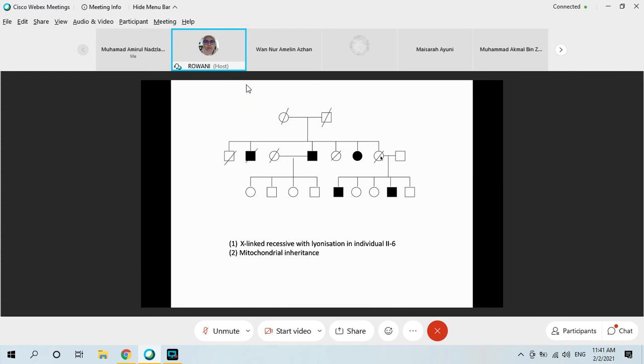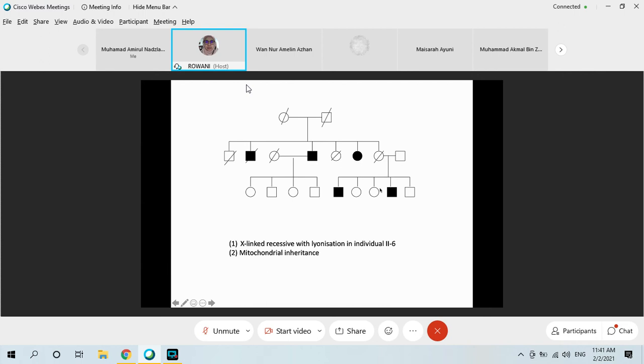But if in your cell, say 70% of your mitochondria are diseased and only 30% normal, then you will manifest the disease. So in this particular case, the mother might have diseased mitochondria but not reaching the percentage enough to result in disease, but she transmits it to the son. But I think the more likely diagnosis is X-linked recessive with lionization.